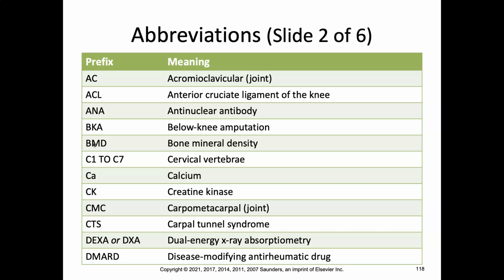And abbreviations. Oh, mercy. We have plenty of abbreviations. Notice that CA here is calcium, not cancer. And DEXA is more commonly used than DXA. Just saying. Out there in the real world, it's DEXA, not DXA. Do hear DMARD used.